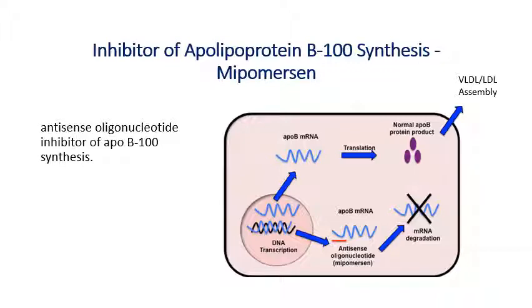Mipomersen acts on the ApoB mRNA and inhibits the transcription. So it causes mRNA degradation, thereby decreasing the synthesis of ApoB100, which is essential in the VLDL and LDL assembly. Thereby decreasing the VLDL and LDL concentration.